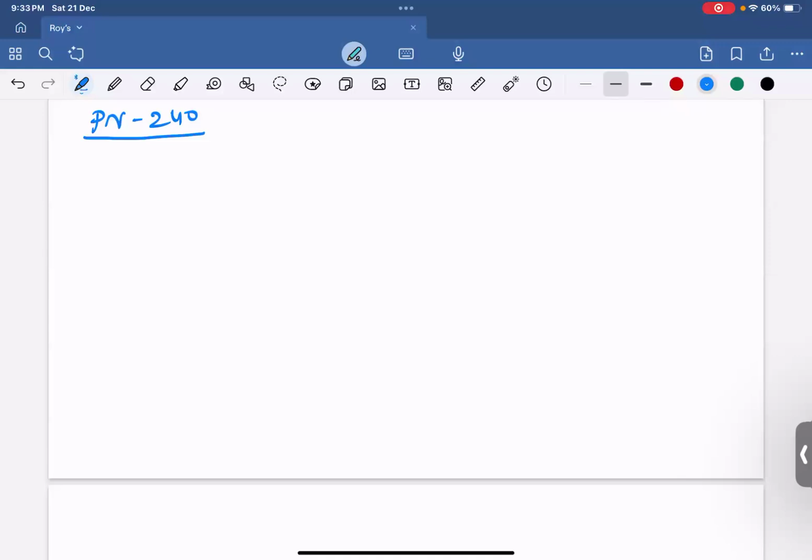You don't have the hard copy? No, sir, it's still gone for the PDF scanning. Okay. So go to page number 240 of your book, the PDF page number is 245, and the target book page is 240. Okay, sir. Just 1 second. Yeah, sure.